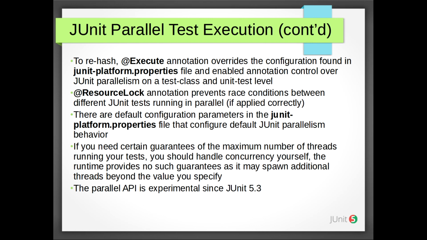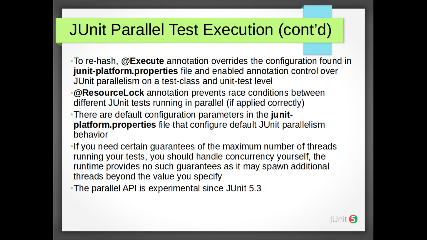So basically you can set the parallelism behavior in the JUnit-platform.properties file and override some aspects of it with the add execute annotation. Or you could forego entirely setting up parallelism in the JUnit-platform.properties file, use its default values, and configure the parallelism by using the add execute annotation exclusively.